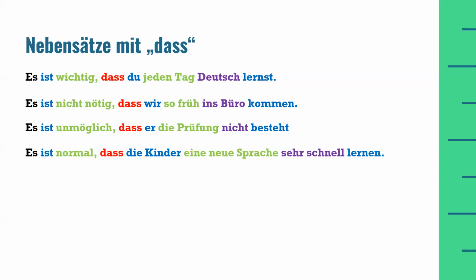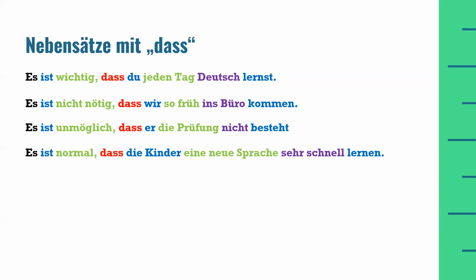This is the object of the sentence, Sprache, and since the object of the sentence is in the accusative case, therefore we have to use the indefinite article for a feminine noun Sprache in the accusative case, which is eine, and neue here is an adjective which is in the accusative case, so we have to use the ending of the adjective for a feminine noun Sprache in the accusative case, which is neue.